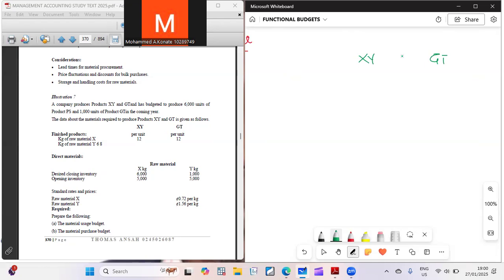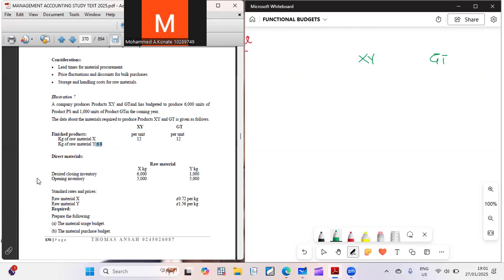So, for example, according to this question, if you want to produce XY, you will need kg of raw material X, and you will need kg of raw material Y. This 6 is supposed to be here, and the 8 will be here. These two figures are already in the new book. I've shifted it. So that is that.